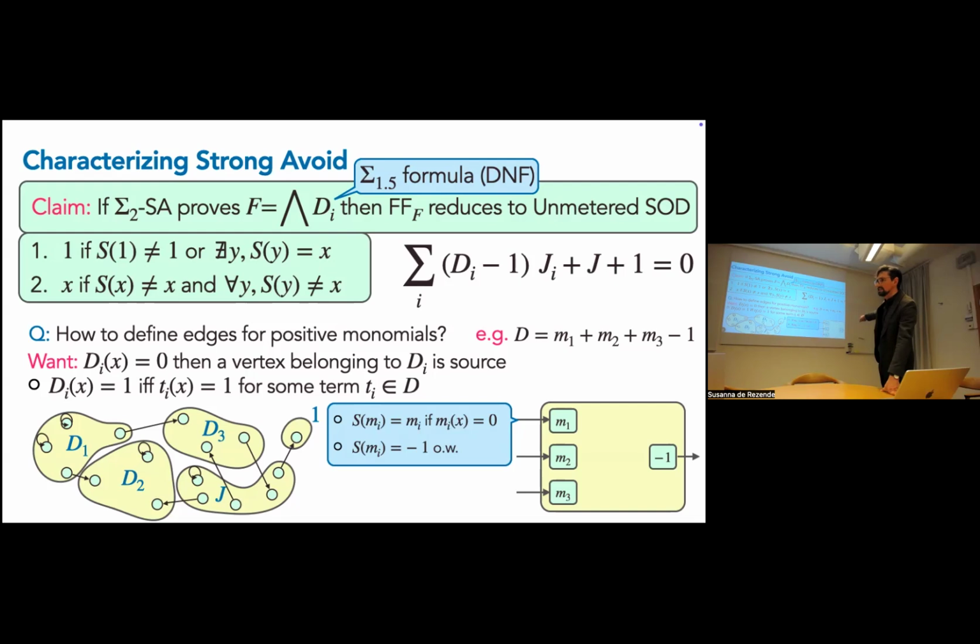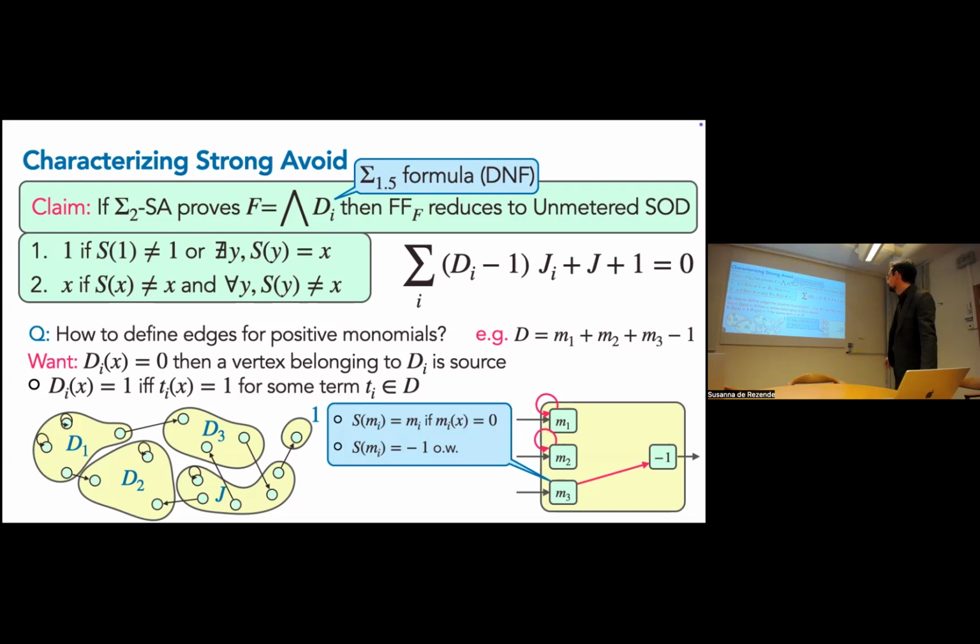We'll point it to the corresponding -1 if the term is 1, meaning the DNF is satisfied, and otherwise we'll self-loop it. So here, let's suppose that M1 is false, so we'll loop it to itself. Maybe M2 is also false, we'll loop it to itself, but maybe M3 was true, and so it points to -1. This means that -1 is no longer a sink, and so we don't get a solution there. This is kind of the heart of the characterization.